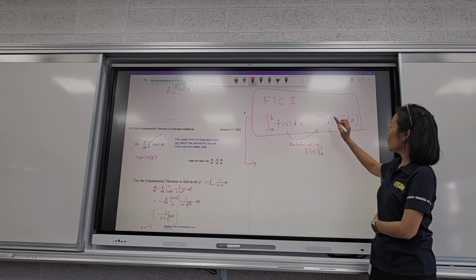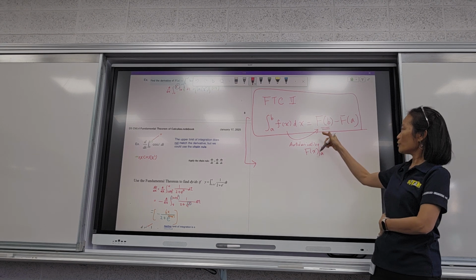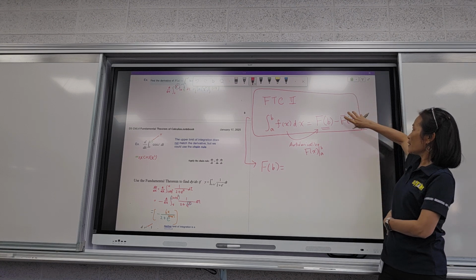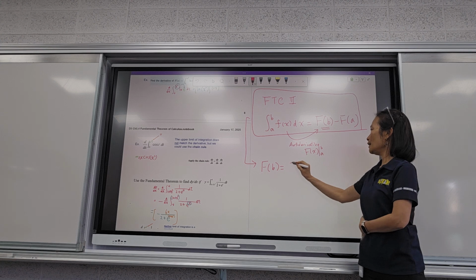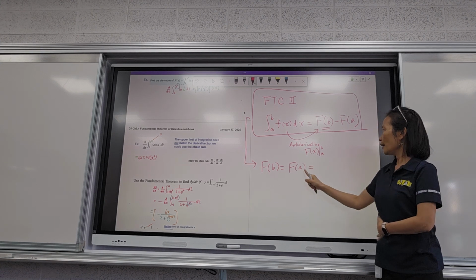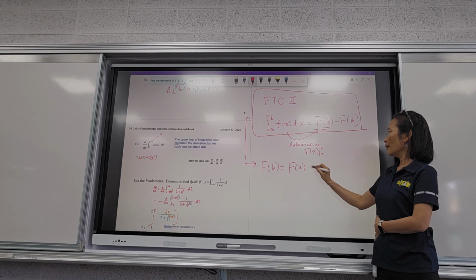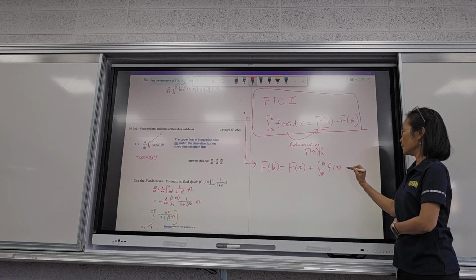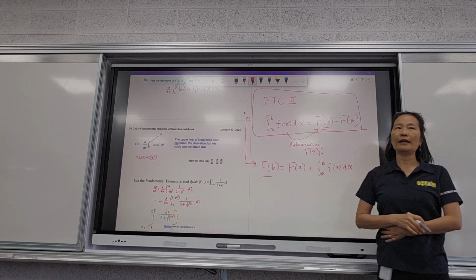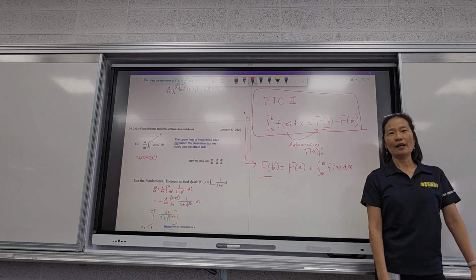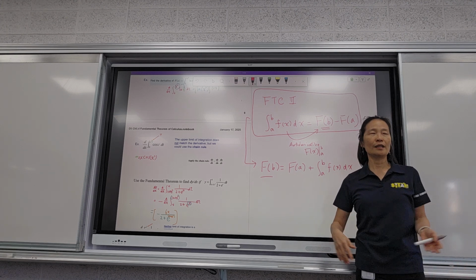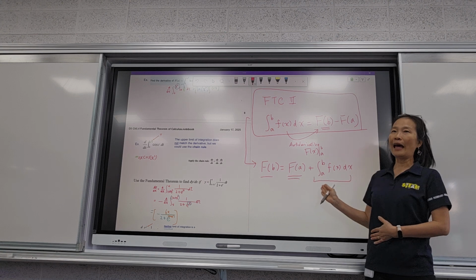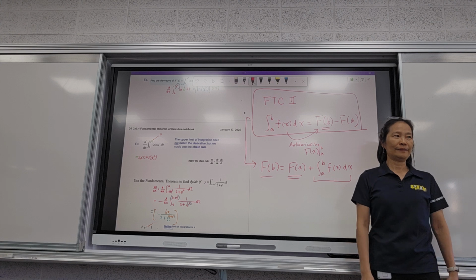So you can take the final amount, F of b, and move this term over: it equals the initial amount, F of a, plus the change from a to b of the derivative function. That will give you the final position or final amount. If this is the rate of water going into the tank, how much water is already in the tank, plus how much water you're adding, is the final amount.